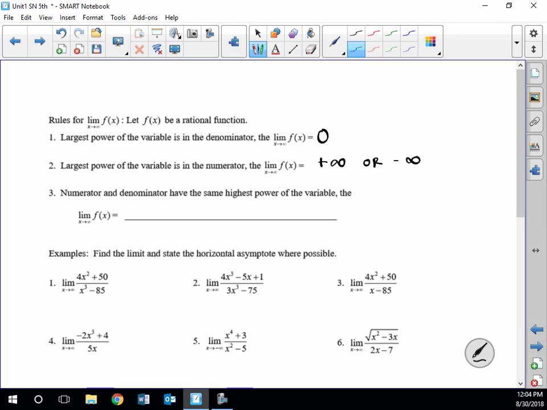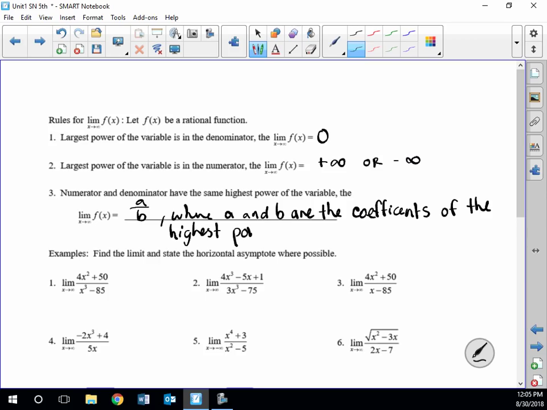And if the denominator and the numerator have the same highest power, then it's going to be a over b, where a and b are the coefficients of the highest power terms in numerator and denominator, respectively.